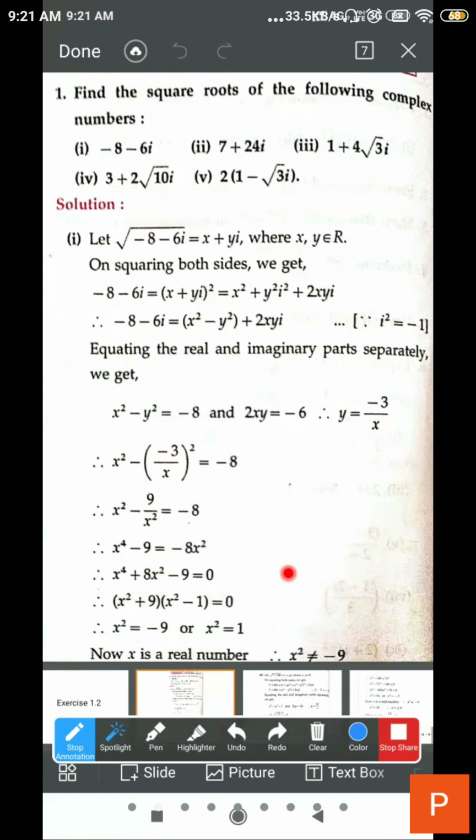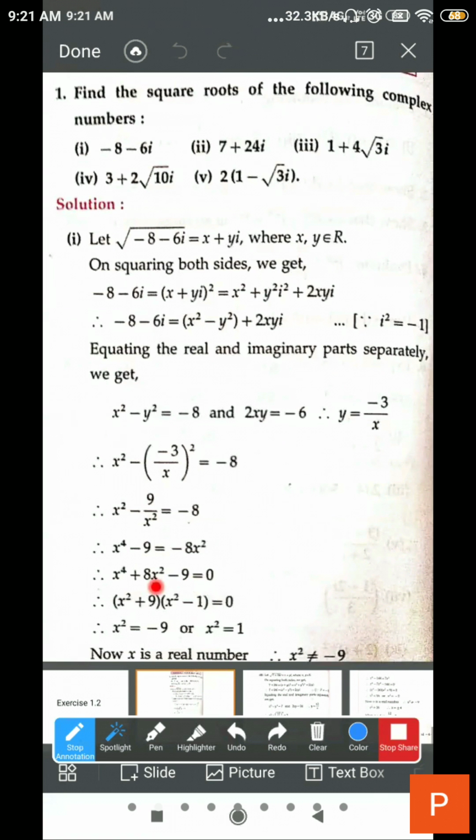Here they are directly factorized. You can add one more step over there to get clear understanding. If you put m instead of x square, then the equation will be m square plus 8m minus 9 is equal to 0. And we can factorize the quadratic equation, that is, multiplication should be minus 9 and addition should be plus 8.